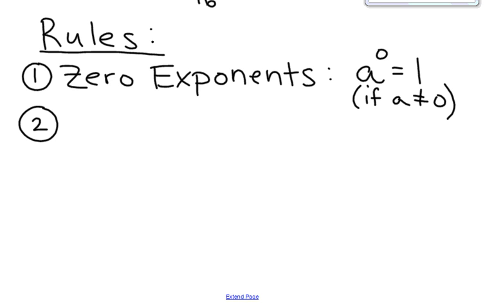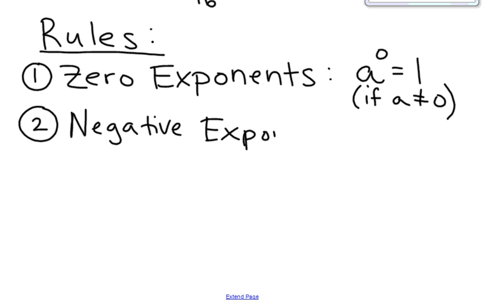All right, the next thing that we have is negative exponents. What I want is A to the negative n, and we'll say n is some integer, some number.